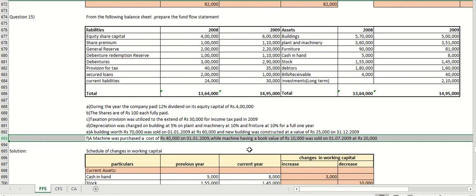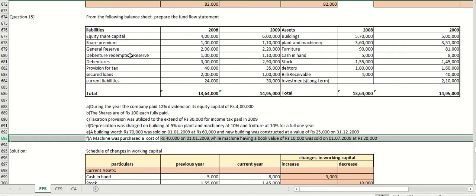The machine having a book value of rupees 10,000 was sold at rupees 20,000, so it is sold at a higher value than your written down value. Hence it is sold at a profit, and it will be accounted as to profit and loss account in your plant and machinery ledger account. So 20,000 minus 10,000, 10,000 is your profit.